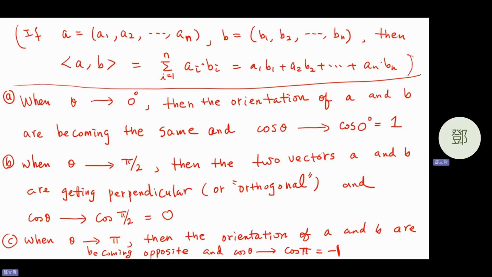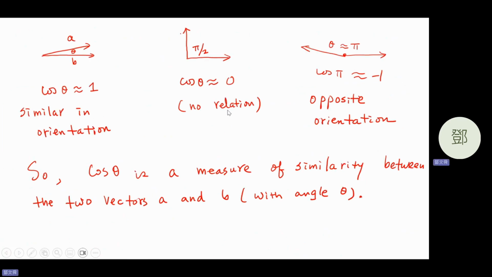And so when cosine theta is 1, they have a similarity in their orientation. When cosine theta is 0, no relation. When cosine is very close to -1, they have opposite directions.